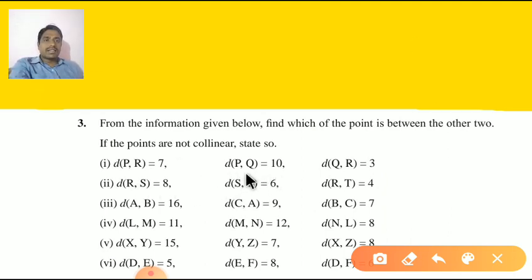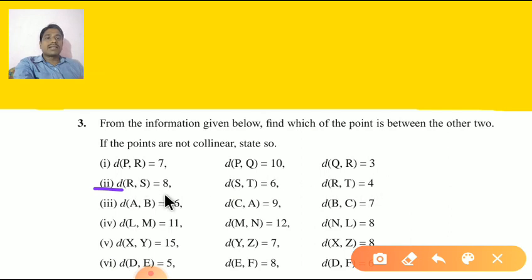Now we have to find which of the points is between the other two. Now here the largest number is 10. That means P and Q are the end points and the remaining point is R. Hence R is between P and Q. Similarly we can solve the second example. Distance RS is equal to 8, distance ST is equal to 6, distance RT is equal to 4.